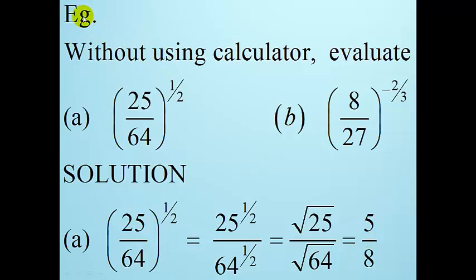Now let's look at this example. Without using a calculator, evaluate (a) 25 divided by 64 exponent half, (b) 8 over 27 exponent minus 2 over 3. Now let's look at the solution. 25 divided by 64 exponent half is equal to 25 raised to the power half divided by 64 raised to the power half.